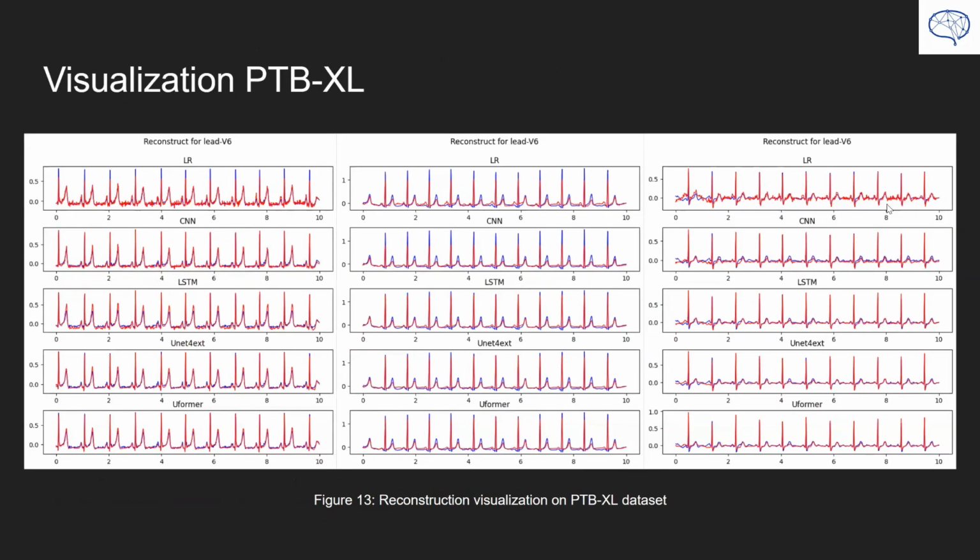Here's the reconstruction visualization for PTB-XL, for lead V6 of a sample. As you can generally see, all the models presented here seem to have a similar level of reconstruction, because PTB-XL is generally very clean.